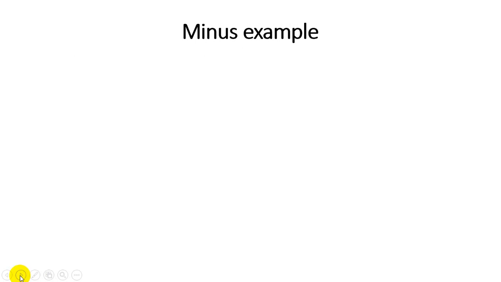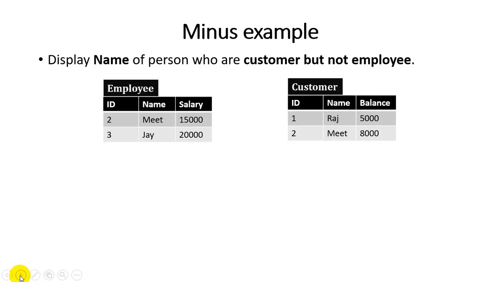Now see a different way to represent minus. Display the names of people who are customers but not employees. We perform it the same way as we represented it in the previous slide, but the relation sequence will be different. The customer table is provided on the left-hand side and the employee table on the right-hand side, because a minus operation is performed in sequence, left and right.